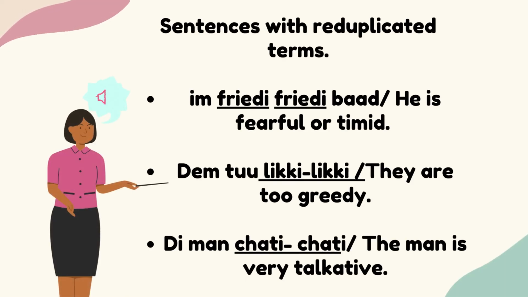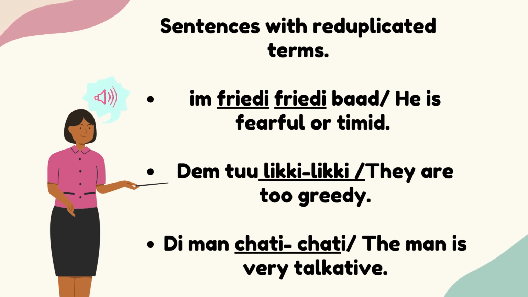So, sentences with reduplicated terms. So we're going to be putting some reduplicated terms in sentences. The first one, freed freed. And when we put that in a sentence, it would be "Him freed-freed bad."